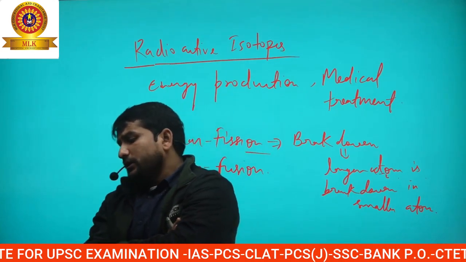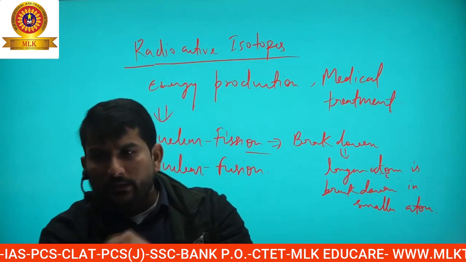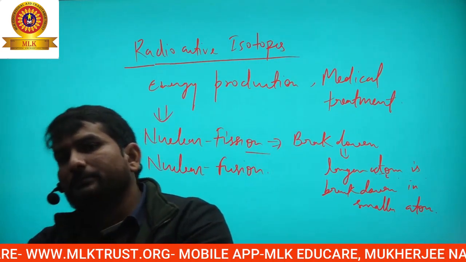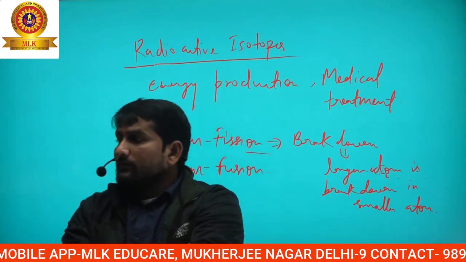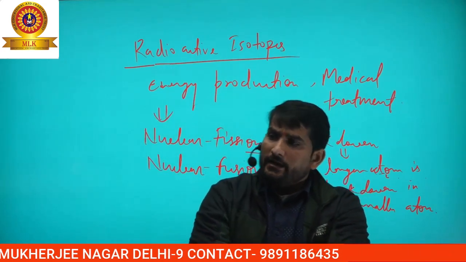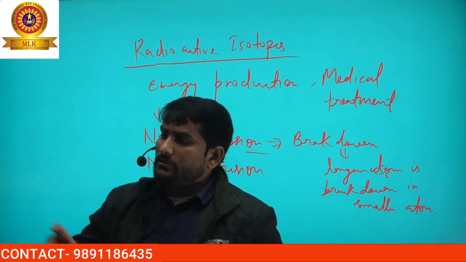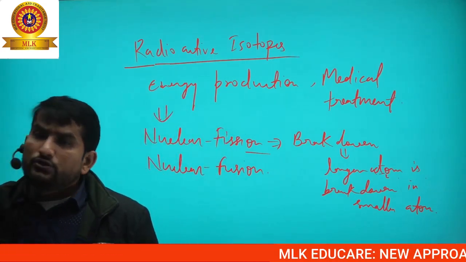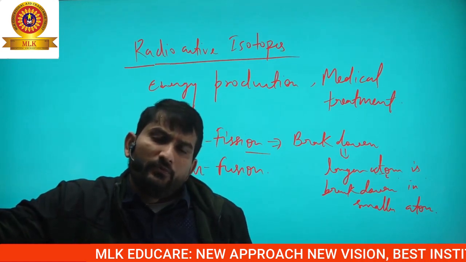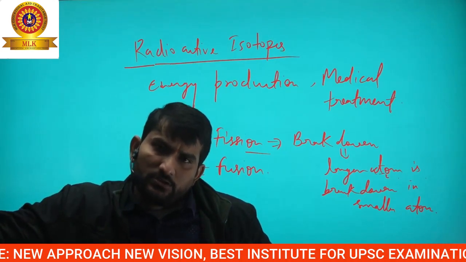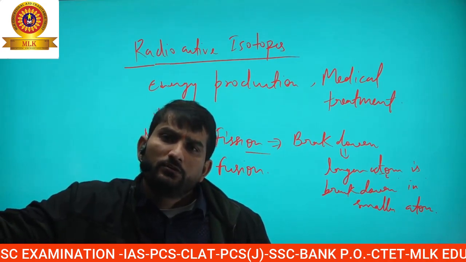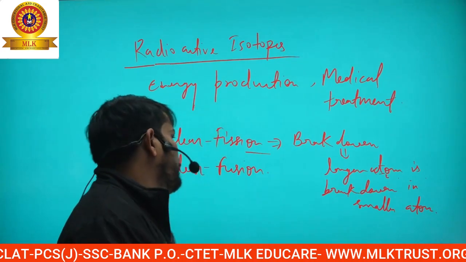If you are talking about the breakdown of a uranium nucleus, ठीक है, we will find that each reaction produces more than 200 MeV energy. ठीक है? कितना? मोर देन 200 मेगा इलेक्ट्रॉन वोल्ट. ठीक है? आओ देखो बात करते हैं यहाँ पे.